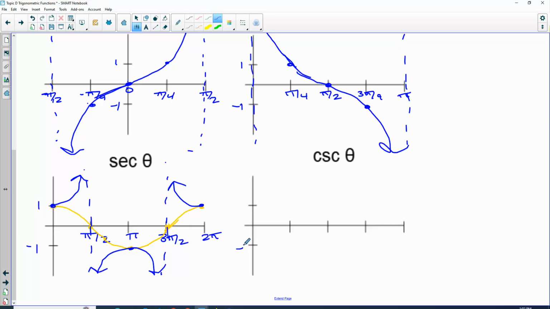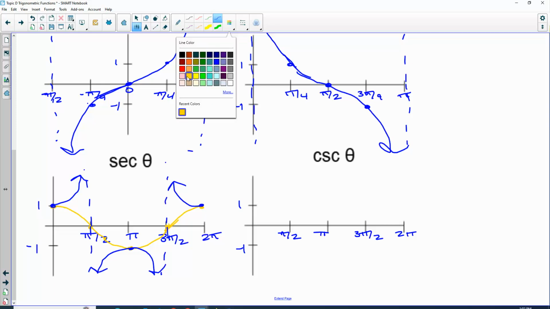Okay, and cosecant is the reciprocal of sine. It still looks sad. It just doesn't look like a clown. So we think about sine of 0 is 0. Pi over 2 is 1. Pi is 0. 3 pi over 2 negative 1. 2 pi is 0.